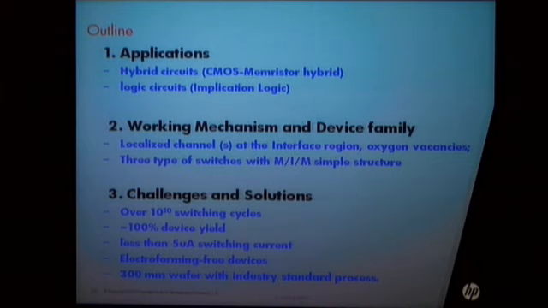Based on this mechanism, we can fabricate a family of nano devices with a very simple device structure. And in dealing with these challenges, we have achieved over 10 billion switching cycles from the device and about 100% device yield, less than 5 microamp switching current. We got rid of the electroforming issue, and we demonstrated the first 12-inch wafer fabrication.